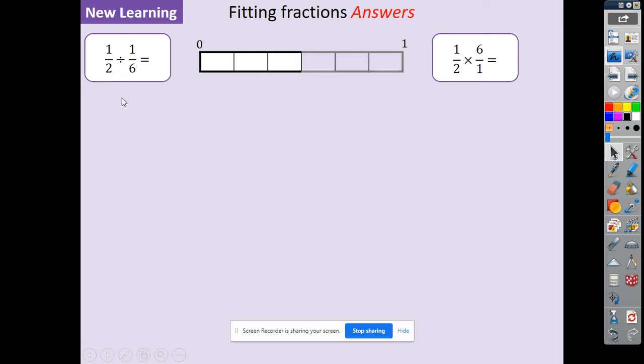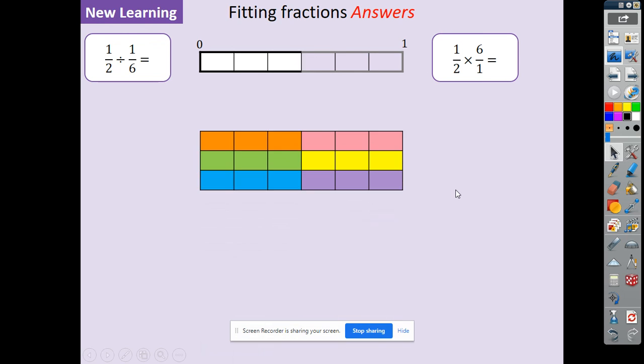Okay, so a half divided by 1/6. Now we know from our prior knowledge that's the same as saying a half multiplied by 6 over 1. So I could draw a different model or I could use my multiplication. So let's have a look at drawing a different model first.